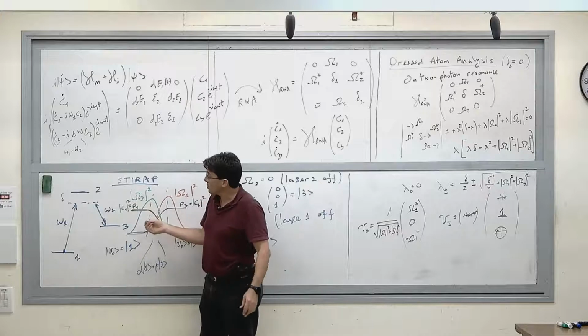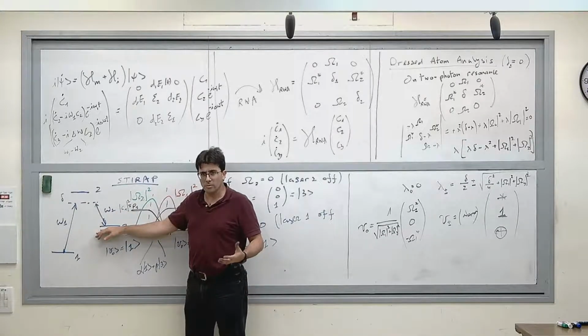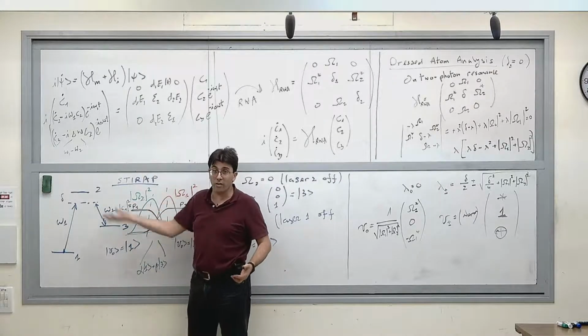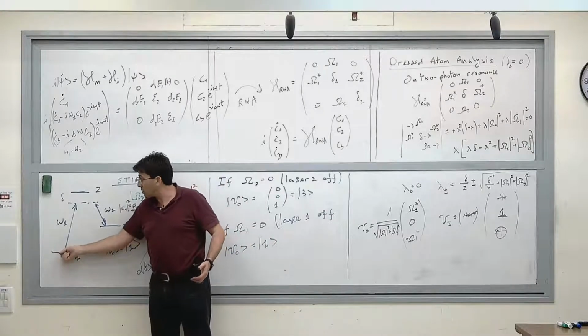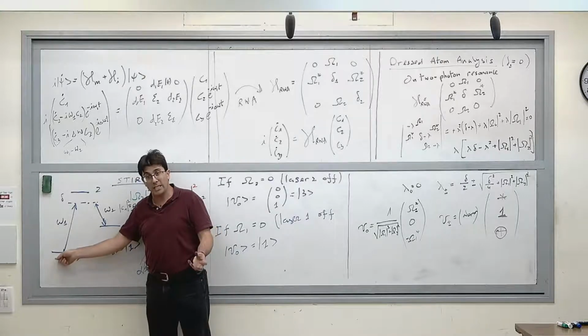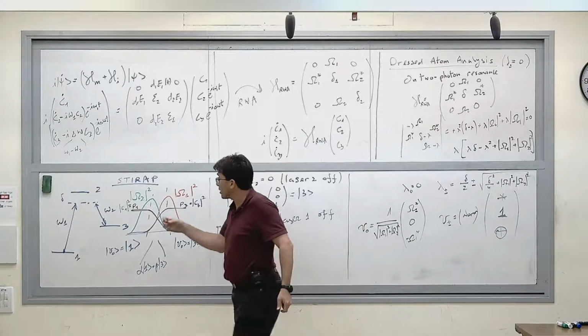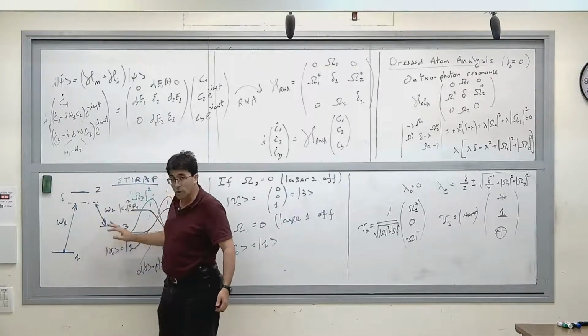And in the end, what do we do? Well, in the end, this one gets rather filled. So you don't want to drive it strongly because then you would be starting driving things back up. And then what happens is you increase the driving here. So as this state depletes, you have a more intense driving to take this population up. And then you reduce this one slowly.